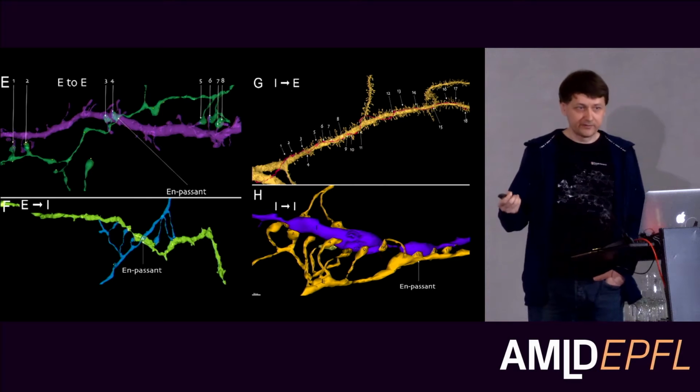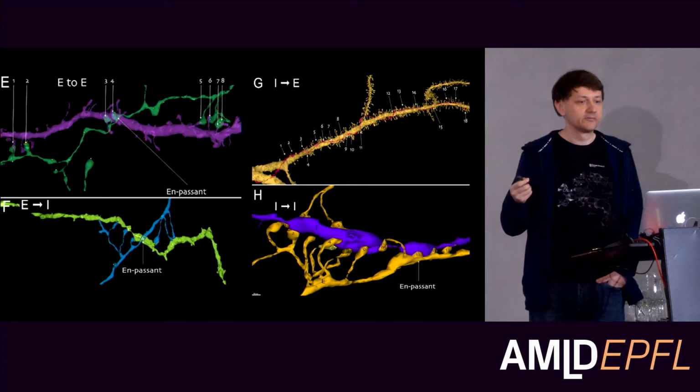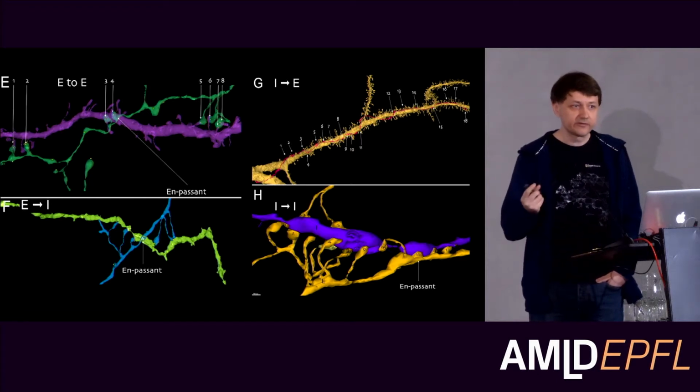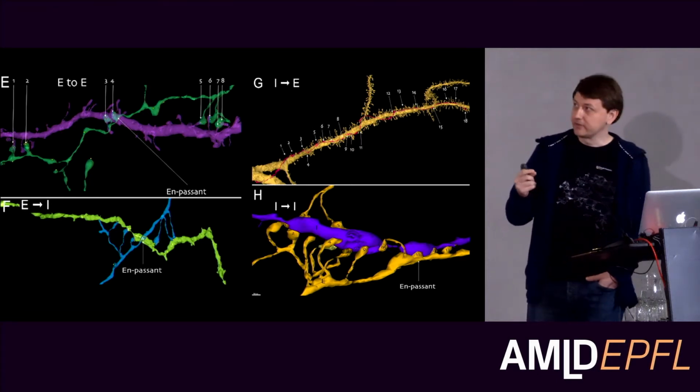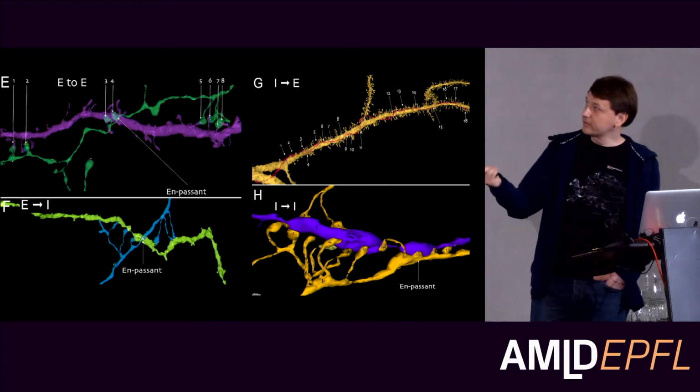So what you're seeing here is a particular spatial location where a given pair of neurons are connecting through synapses between an axon and a dendrite, and you can see that there are multiple connections which are very close in space.